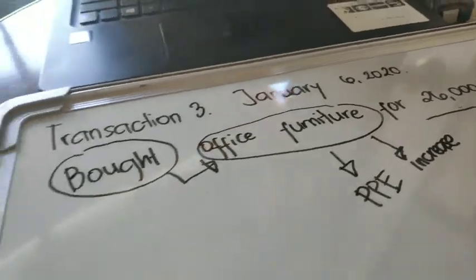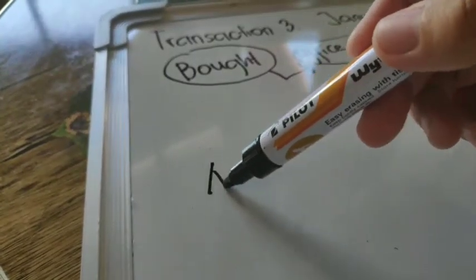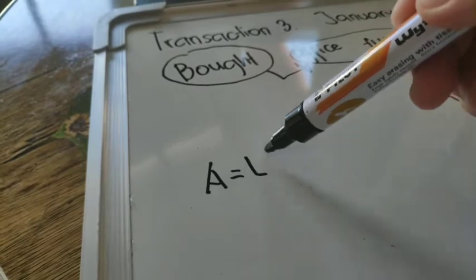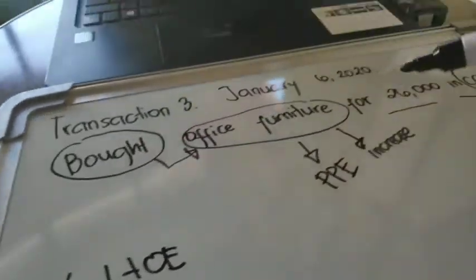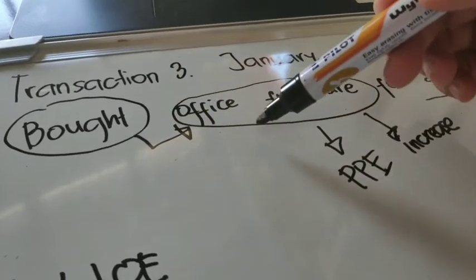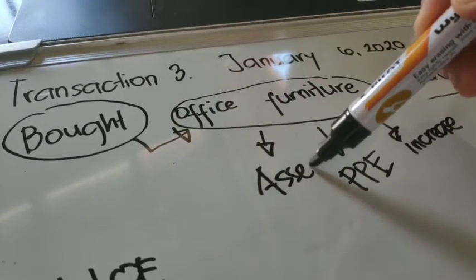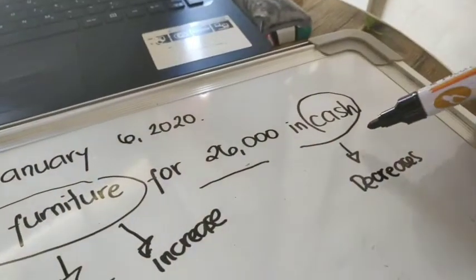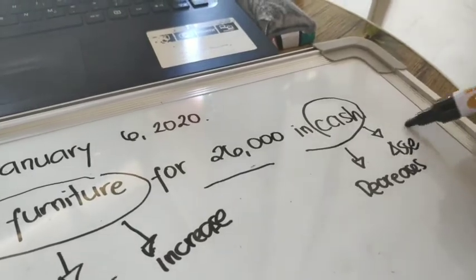If we use the accounting equation, assets equal liabilities plus owner's equity. In this transaction, office furniture is classified as an asset, and cash is also classified as an asset.